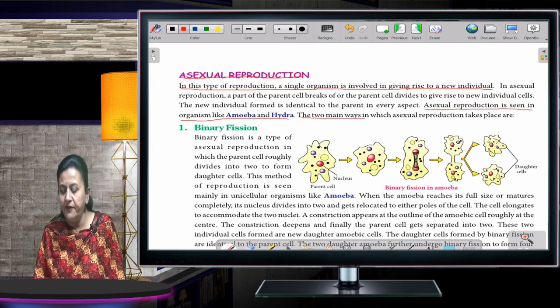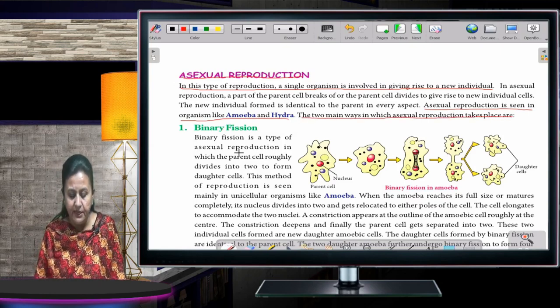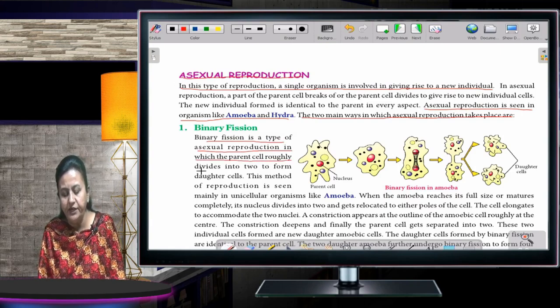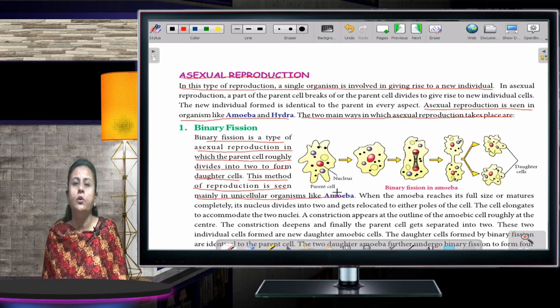There are two main ways in which asexual reproduction takes place. First is binary fission. What is binary fission now? See, binary fission is a type of asexual reproduction in which the parent cell divides roughly into two daughter cells. This method of reproduction is seen mainly in unicellular organisms like amoeba, an organism which has only a single cell.